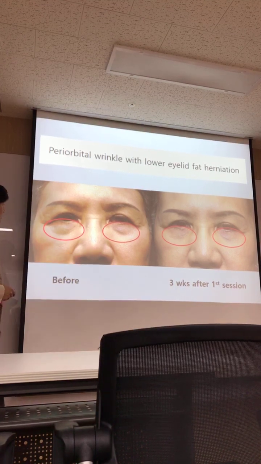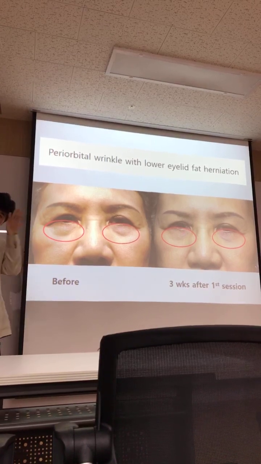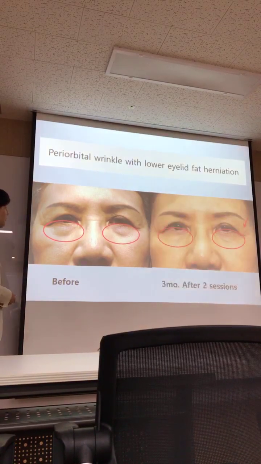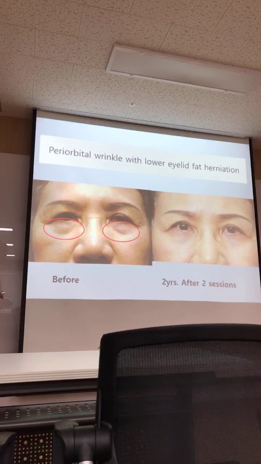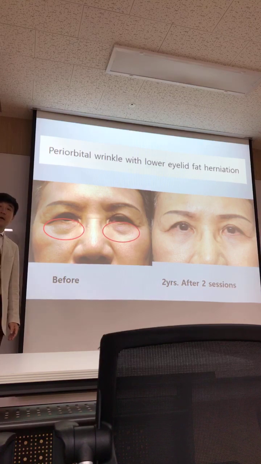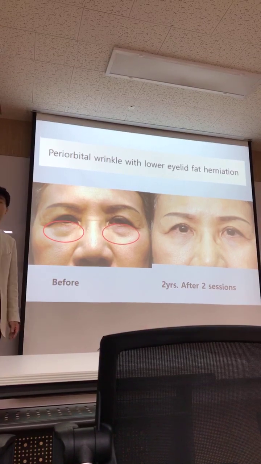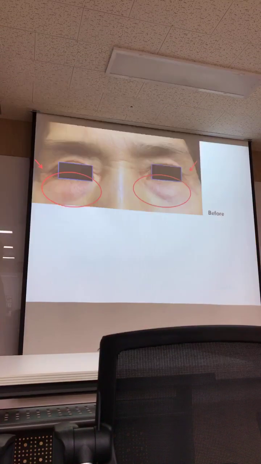But her wrinkle improved, and the volume was reduced by tightening. And then I treated once more, and this is 2 years after 2 sessions. So I can say the effect can last more than 2 years.